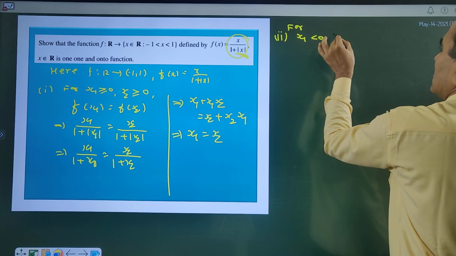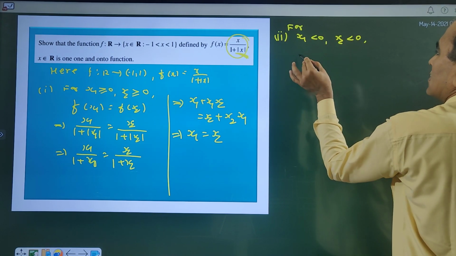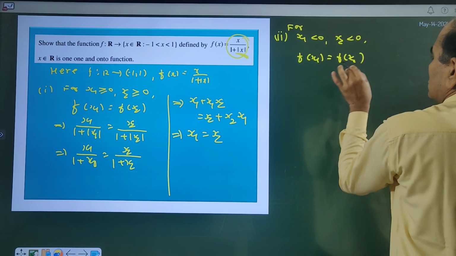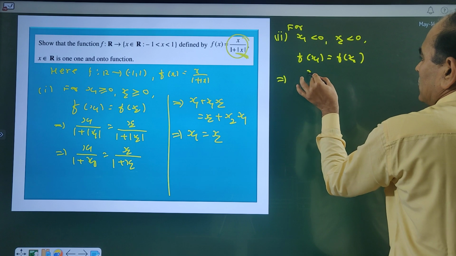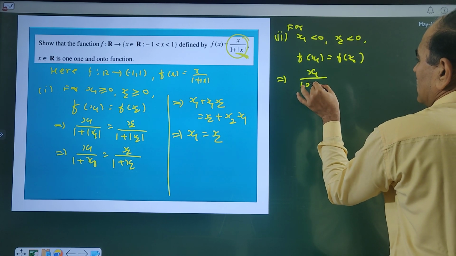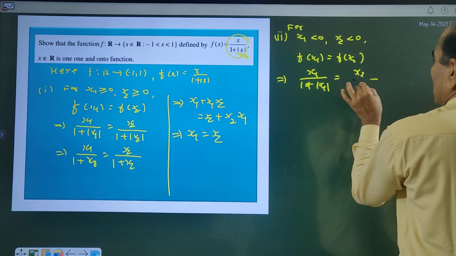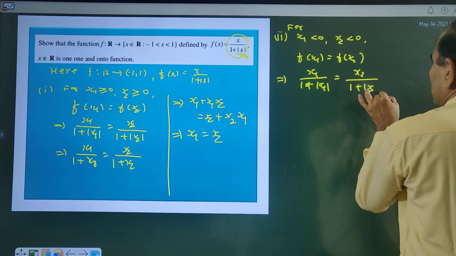Second possibility, for x1 less than 0 and x2 less than 0, f of x1 is equal to f of x2, implies x1 over 1 plus mod x1 equals x2 over 1 plus mod x2.